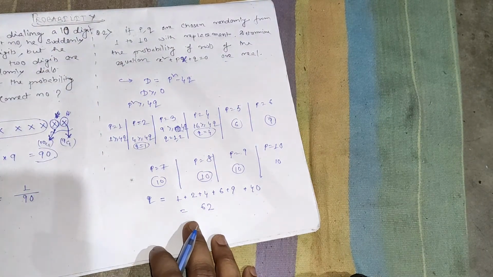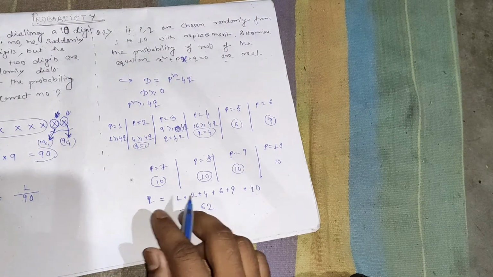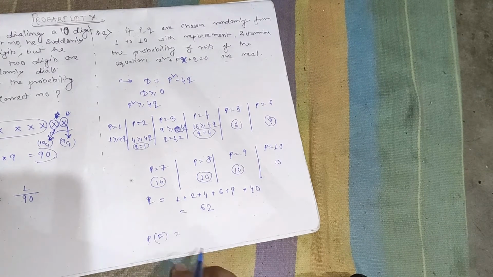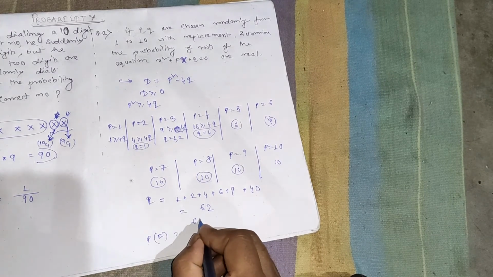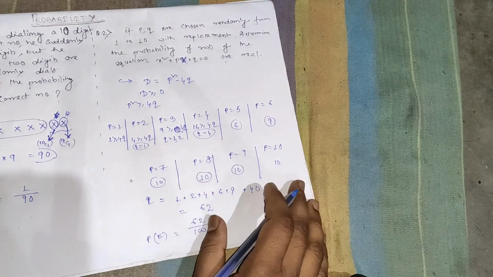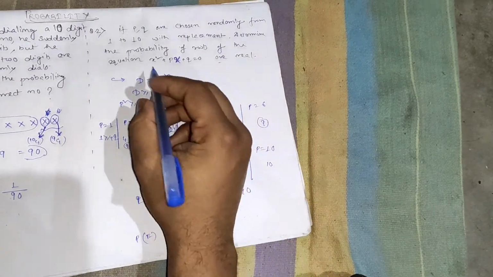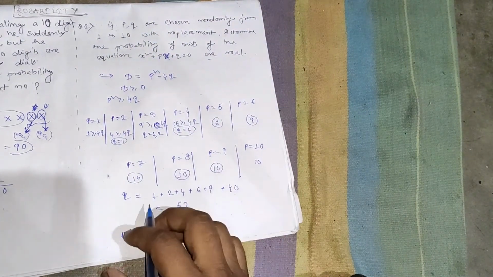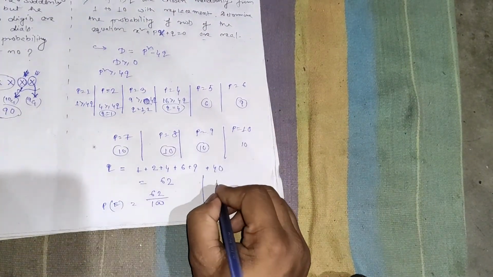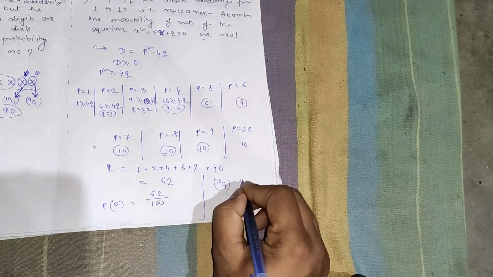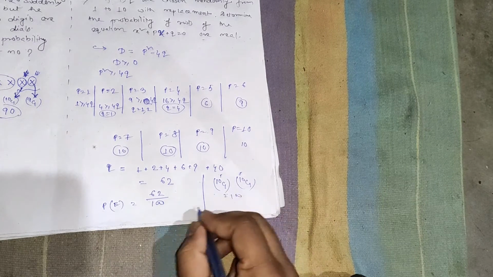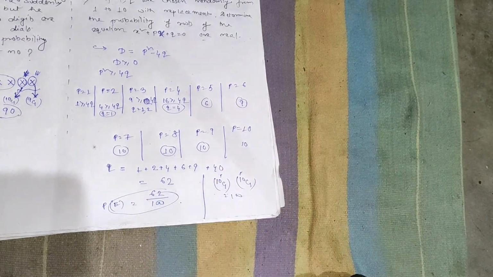So the probability of the event that the roots are real is 62 divided by 100, as we can choose p and q randomly from 1 to 10. So the total number of choices is 10C1 for p and 10C1 for q, so that is 100. So that is the probability, and that's your answer.